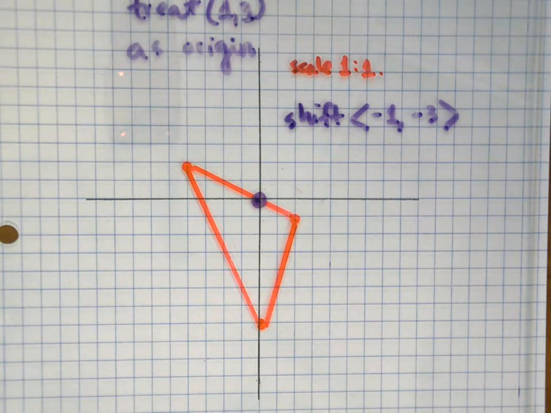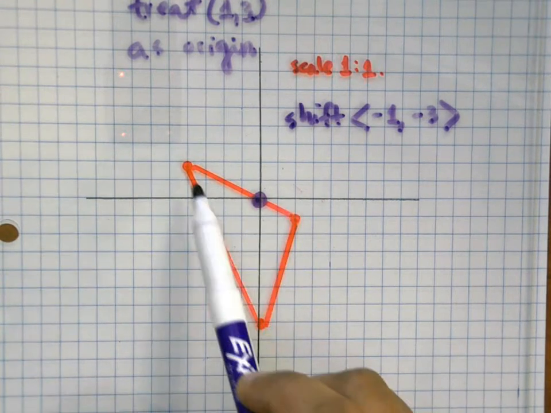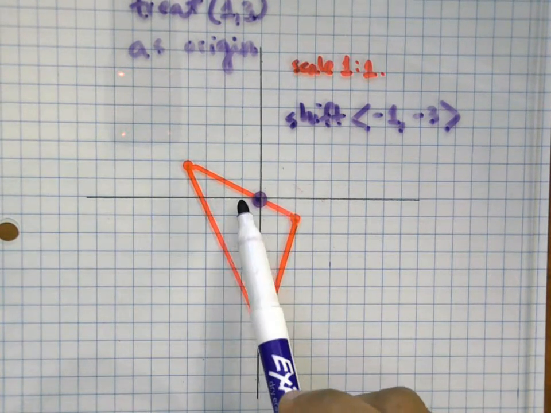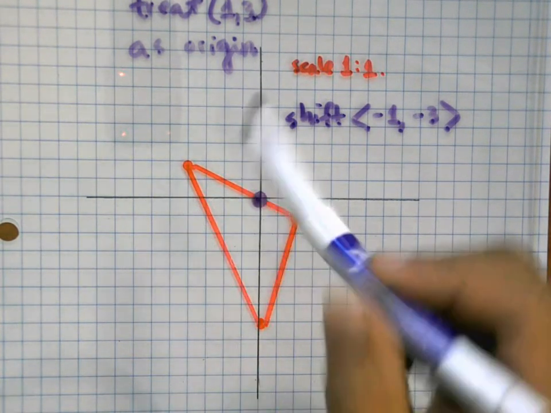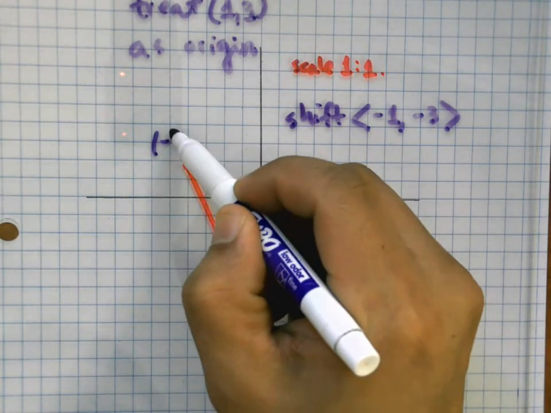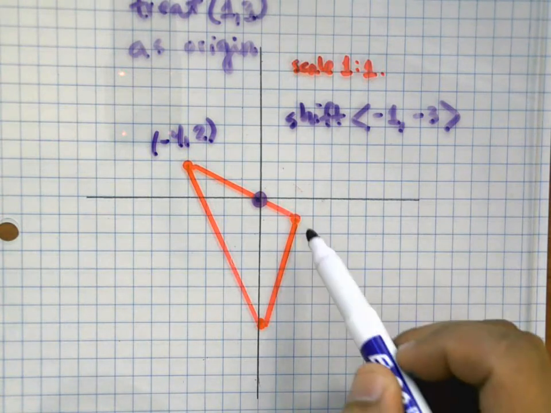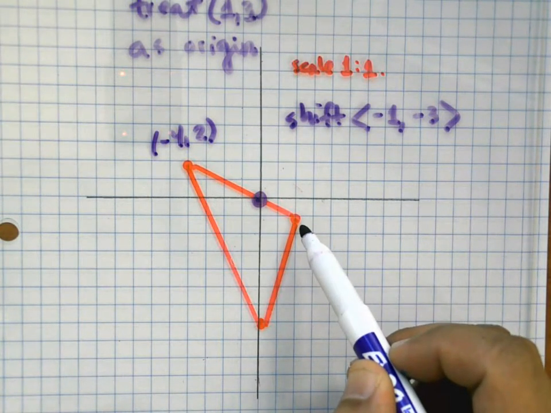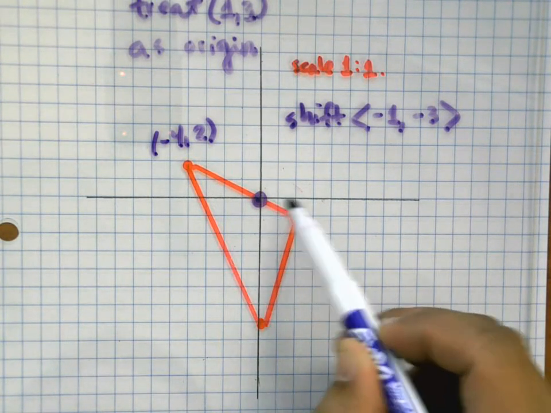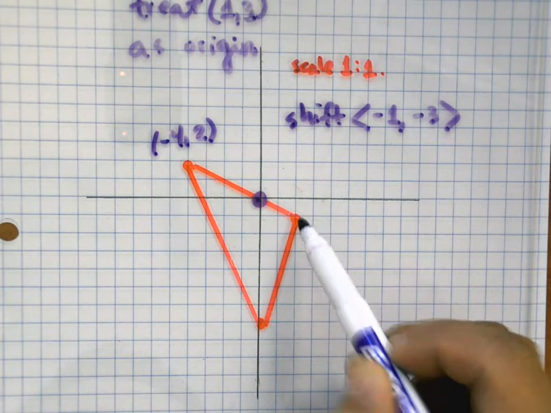And so what are my new coordinates now? Well, you can see from the graph here that this point over here is now -1, 2, 3, 4, and up 2. And this point here is 1, 2, and then down 1.